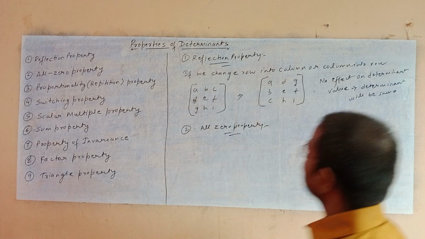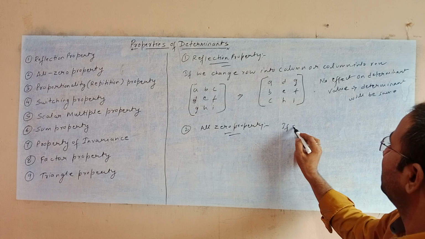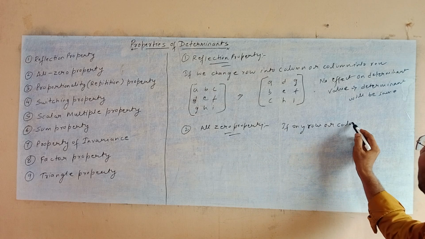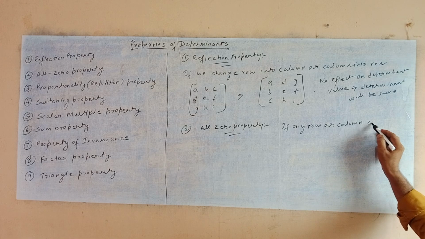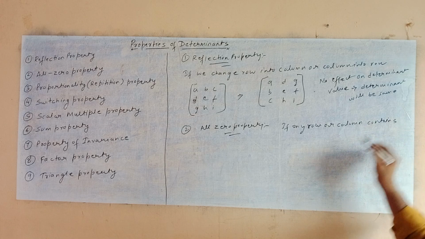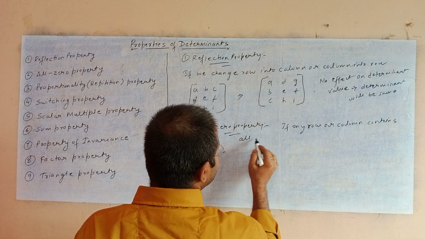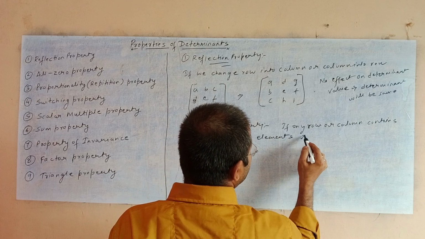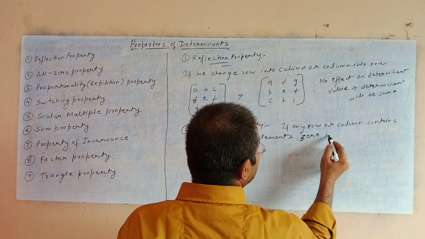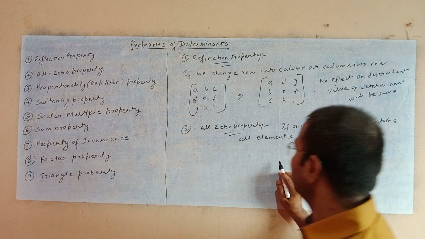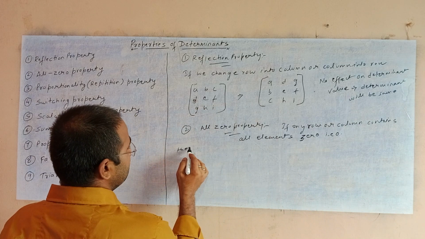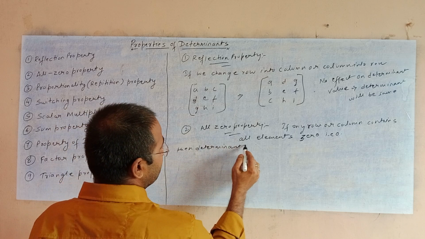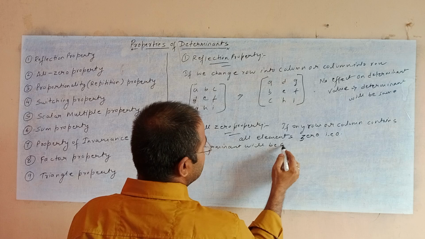All zero property means if any row or column contains all elements zero, then the determinant will be zero.